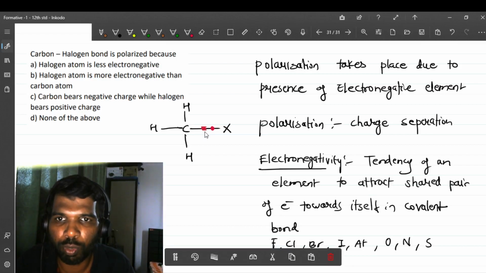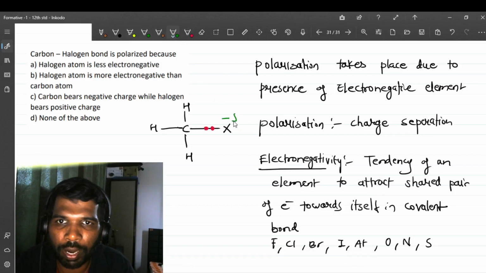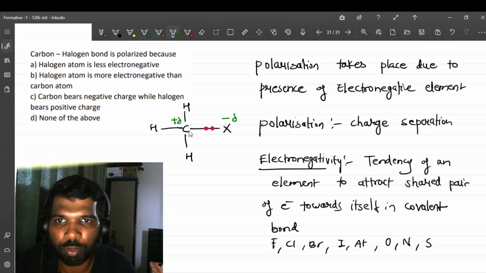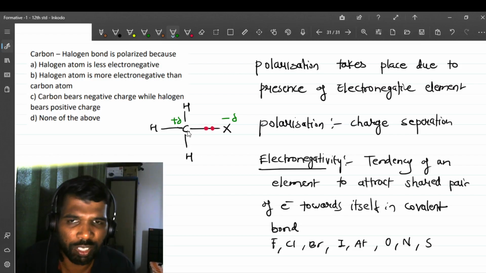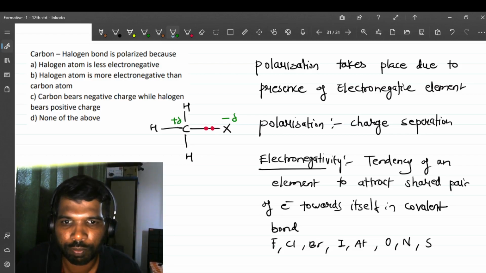So the halide is going to have a partial negative charge and this carbon is going to have a partial positive charge, because the electron has gone away from the carbon. Partially it is losing, so partial positive charge and partial negative charge.